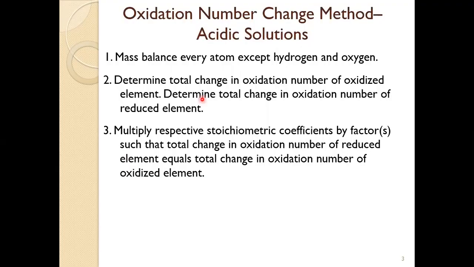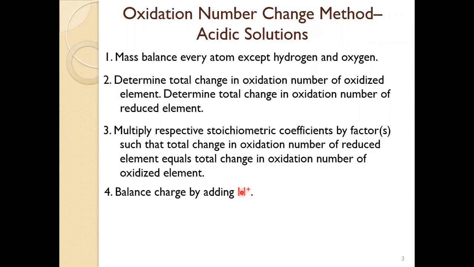In our next step, we're then going to balance the charge, because for a redox reaction to be balanced, it has to be balanced both by mass and by charge. So we're going to balance the charge by adding hydrogen ions. This is one difference between the oxidation number change method and the half reaction method. In the oxidation number change method, we're balancing charge by adding hydrogen ions, not electrons, as we had to do for the other method.